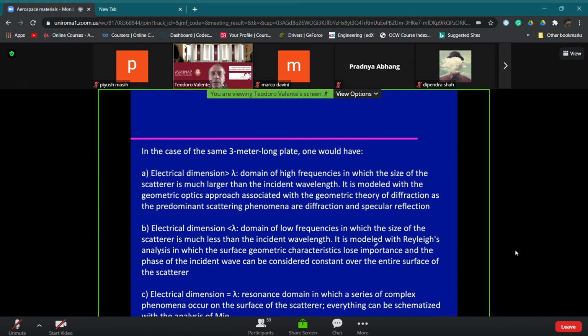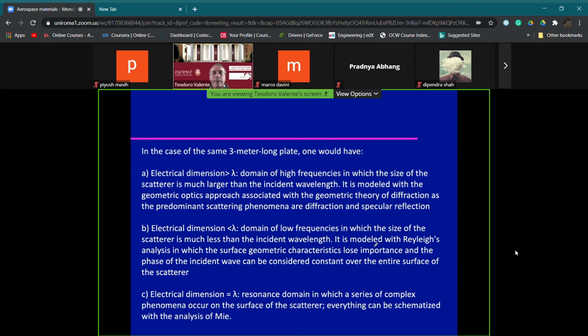In the case in which the electrical dimension is higher than the wavelength, this is the domain of high frequencies. In this case, modeling is based on the geometric optics approach, associated with the geometric theory of diffraction as the predominant scattering phenomena.